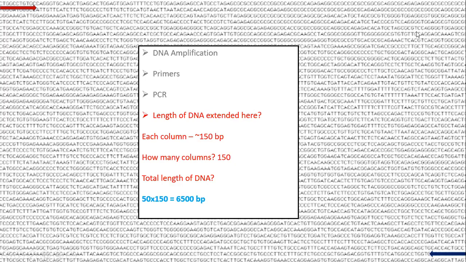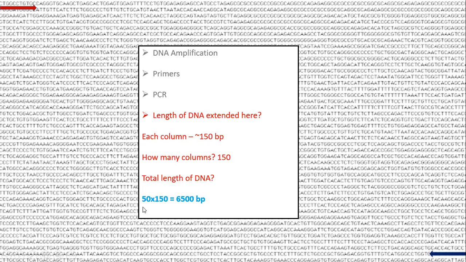Is it 10 kb, 20 kb, or 3 kb, 5 kb? If we approximately look here, the column length is, I think, approximately 150 base pairs, or 150 nucleotides. If I count the columns from top to bottom, I am seeing almost 150 columns here. So 150 nucleotides in each column and 150 columns is the typical length.